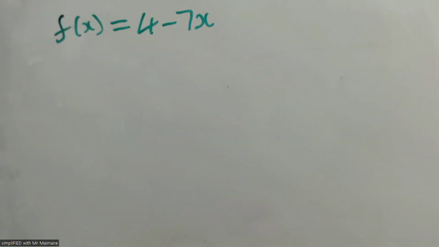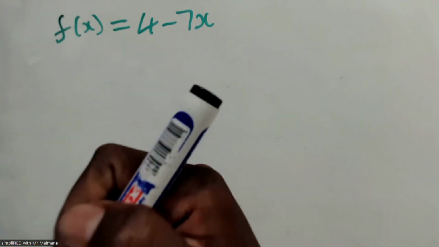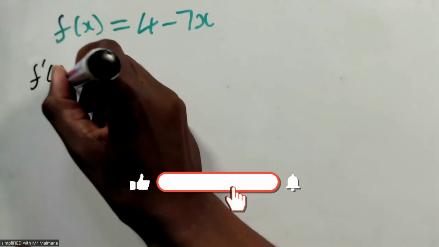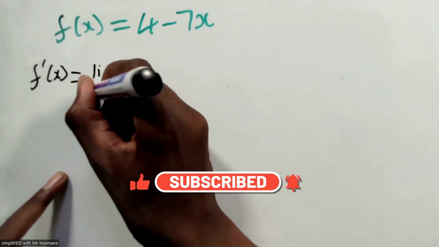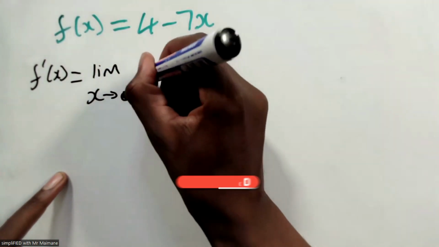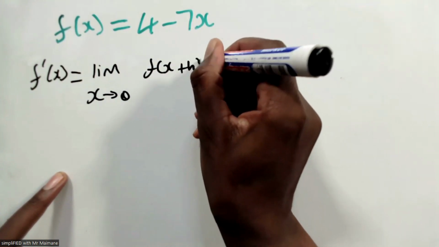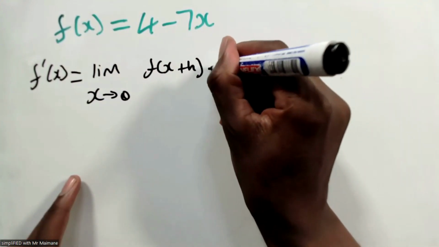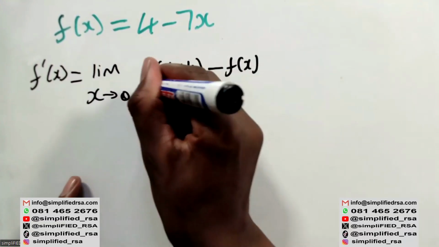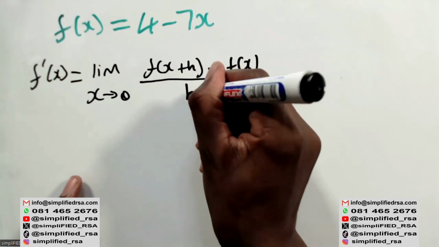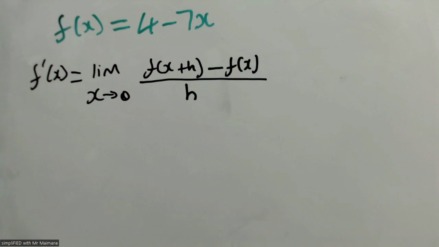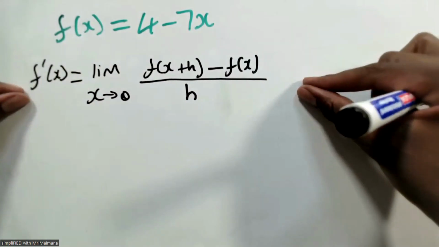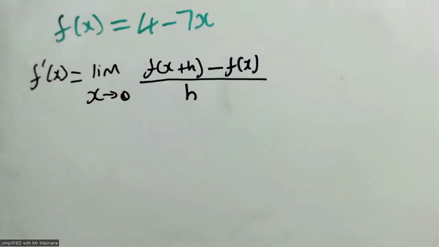And we know that to get the differential using the first principle, we say that f prime x is equal to the limit of h approaches 0 of f of x plus h, minus f of x, all over h, because this is a slope or a gradient between 2 points. So this is how we represent f prime x by the first principle. So this is the first principle of differentiating.